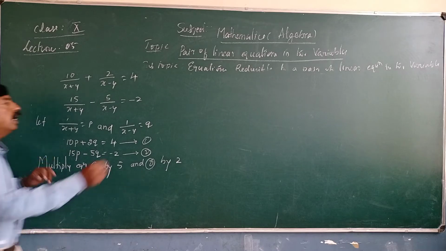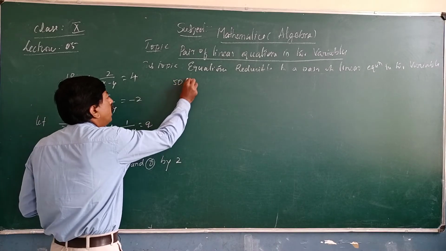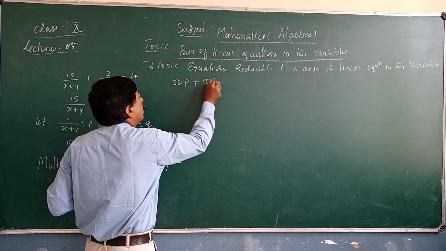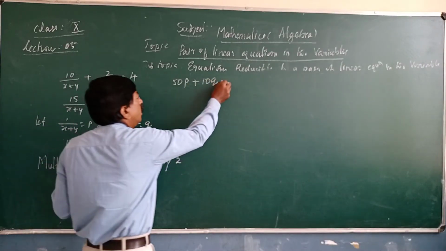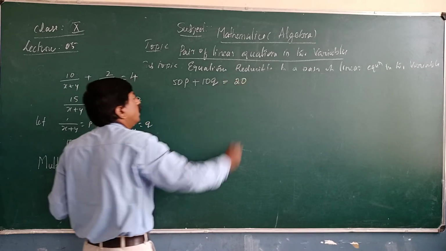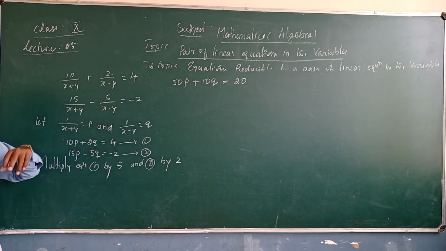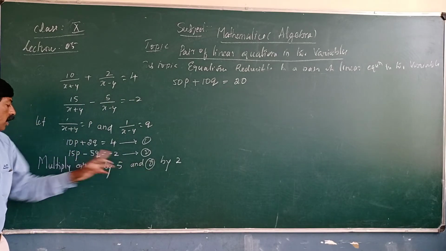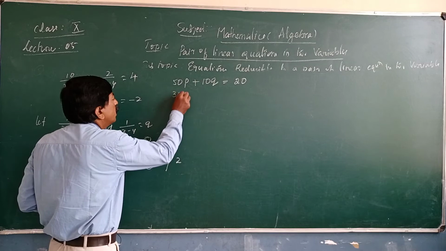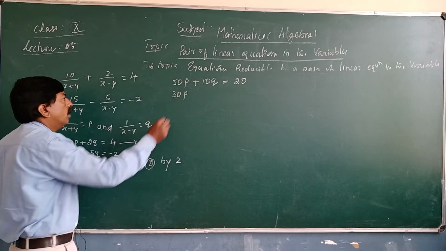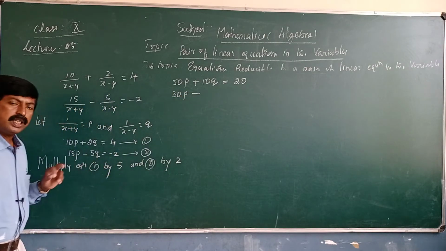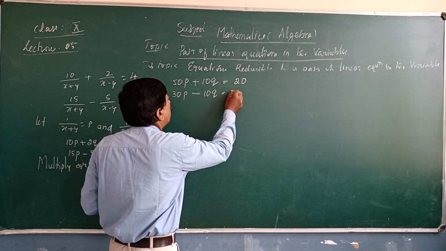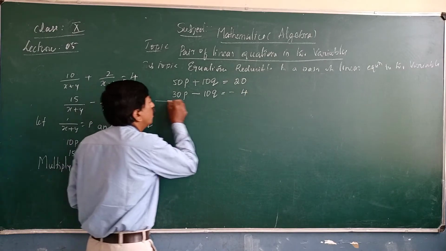Now 5 tens are 50p plus 5 twos are 10q is equal to 5 fours are 20. Second one, 2 15s are 30p minus 2 5s are 10q is equal to minus 2 2s are 4.